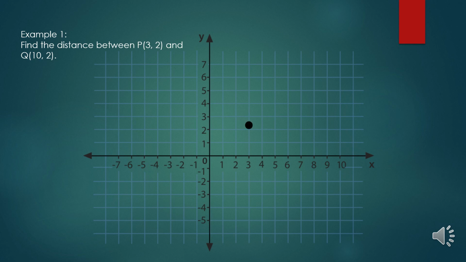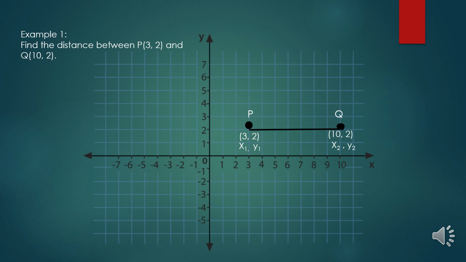This will be our x sub 1 and y sub 1. Then locate point Q from the origin, 10 units to the right and 2 units upward. This will be our x sub 2 and y sub 2.